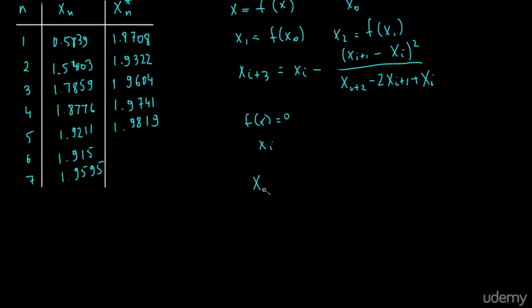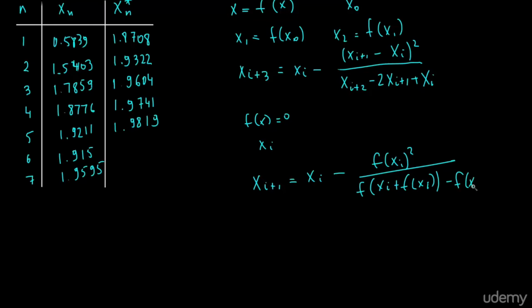The subsequent estimate x_{i+1} is equal to x_i minus, and then on top we have f of x_i squared divided by f of (x_i plus f of x_i), like this, minus f of x_i.